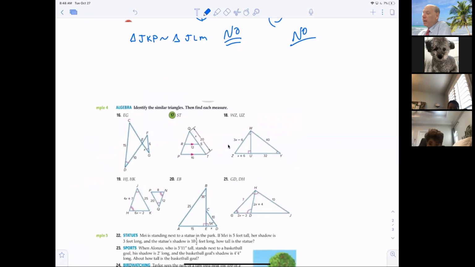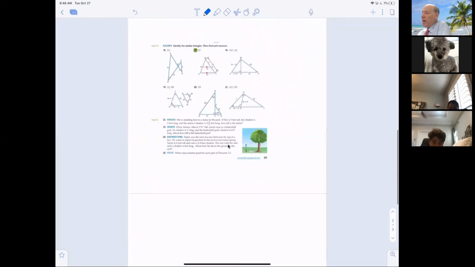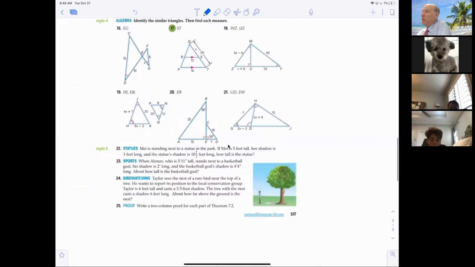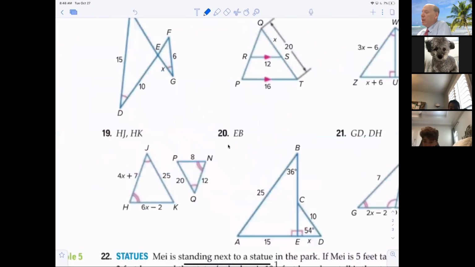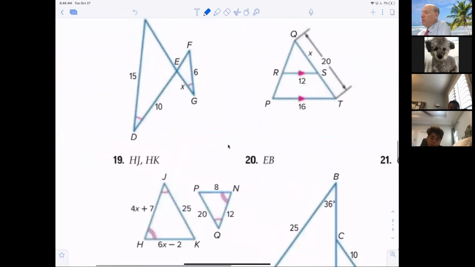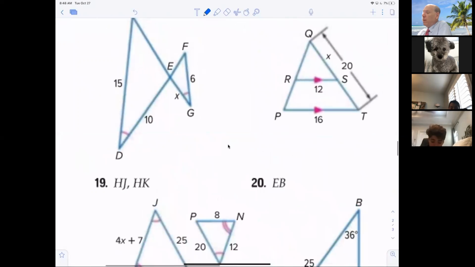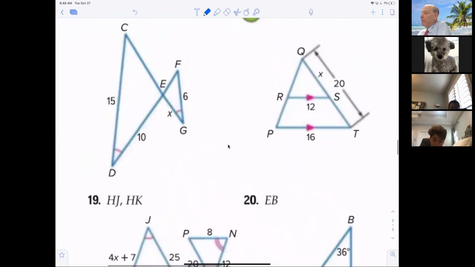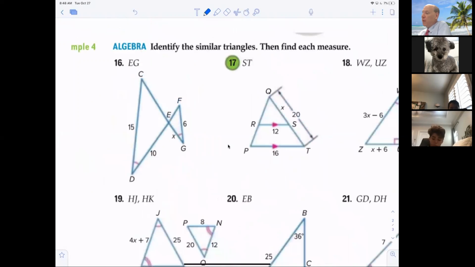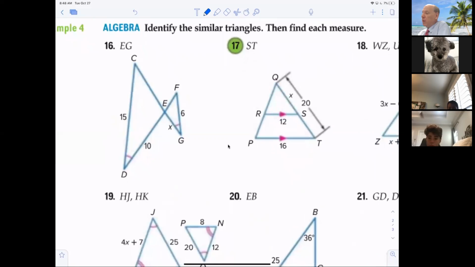All right, now again, honestly, the last part here is the most important part. All of the word problems and solving is really important. So here we go on this. Again, these are definitely similar.